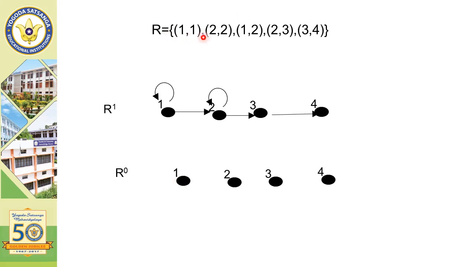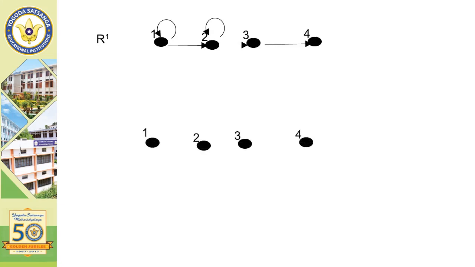The relation is (1,1), (2,2), (1,2), (2,1), (2,3), (3,4). This is R1.